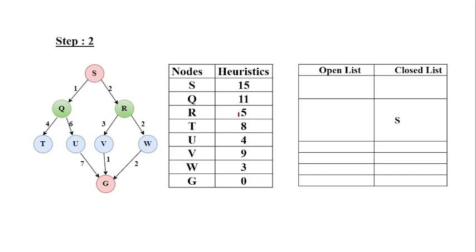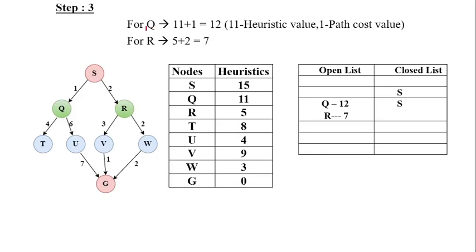Add these heuristic values to the cost value of the nodes to reach from the initial node S. That is, for Q, the heuristic value is 11 and the path cost value for this node to reach from S is 1. Add 1 to the heuristic value 11, so you will get 12. That is 11 plus 1, which is equal to 12.